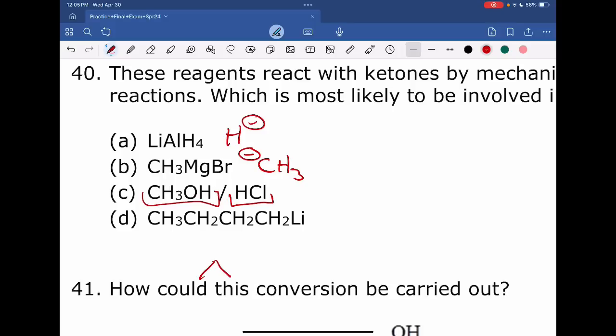Like, the ketone will grab this, and then this happens. And now it's activated, and this can come in here. And D is also essentially a carbanion. So you can notice that A, B, and D are all carbanions.